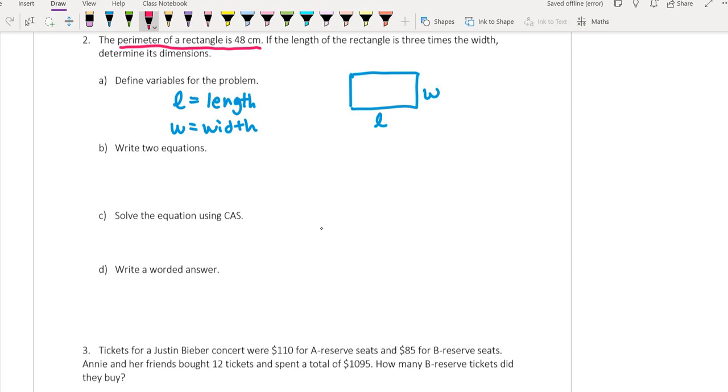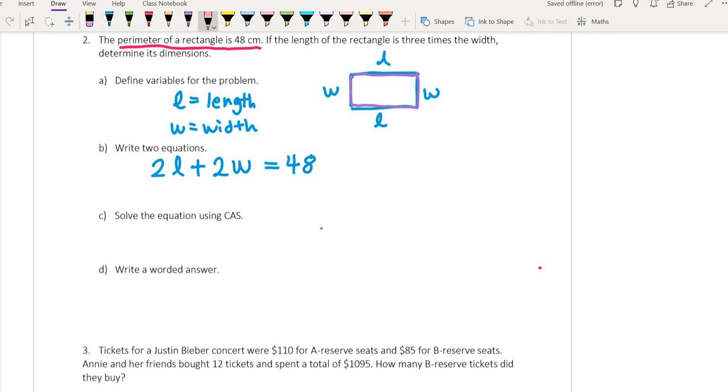So perimeter, which is all these 4 sides added together, that has to equal 48. That means we have the width here and the length here as well, obviously. So if we have 2 of the length together plus the 2 width, they all equal 48. So that's our equation 1.